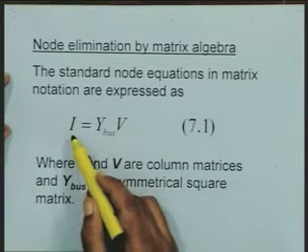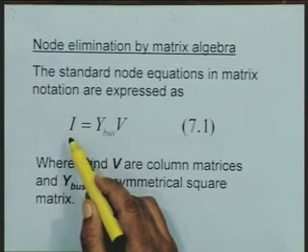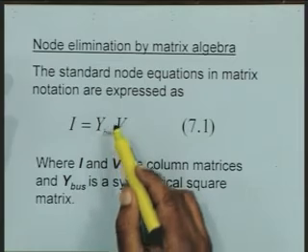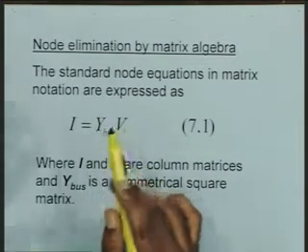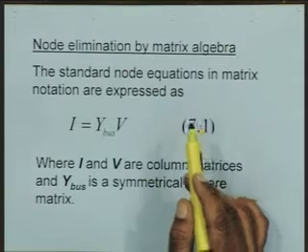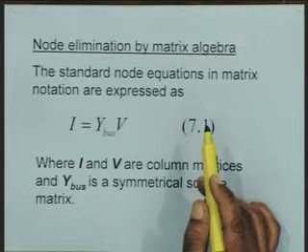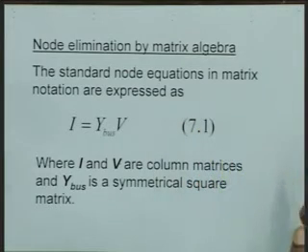That is, I are the currents which are injected at the buses and V are the bus voltages. Y bus is a matrix which is a square matrix, and it is a symmetric matrix, you all know about it.